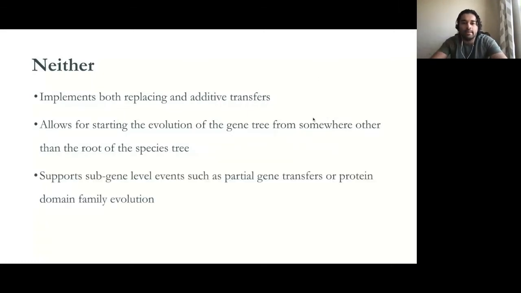And neither supports subgene level events, such as partial gene transfers, and in addition, neither of them supports protein domain evolution, which is essentially evolving a domain tree within multiple gene trees, which itself evolves down the species tree. This is one of the main additions that we have in this simulation framework.